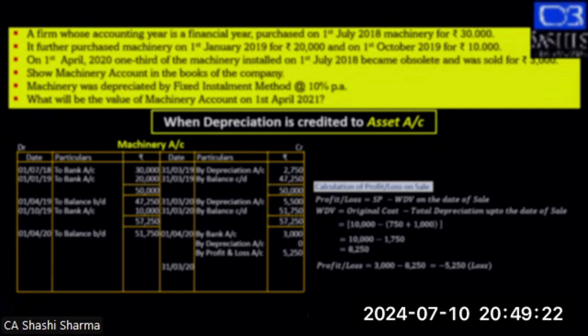Finally, at the end of this third year, we will have to calculate depreciation once again on the remaining machinery, the machinery which is remaining unsold at the end of the third year.